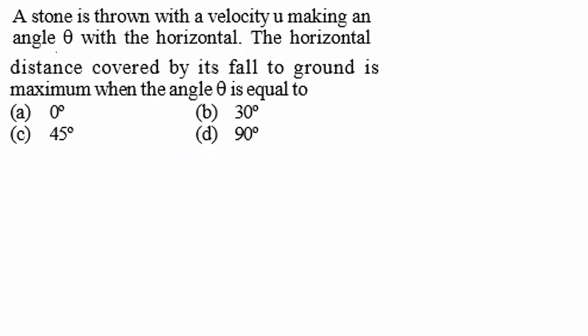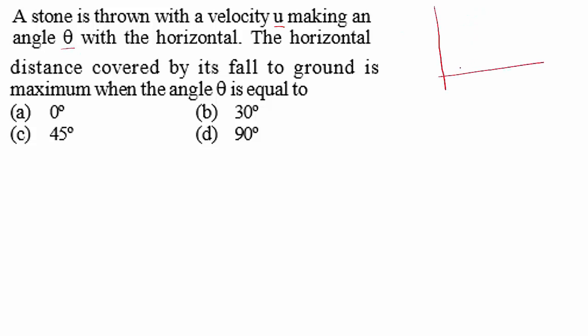A stone is thrown with a velocity u making an angle theta with the horizontal. The distance covered by its fall to the ground is maximum when the angle theta is equal to? See here, a stone is thrown with a velocity u, making an angle theta. So this is a projectile motion.